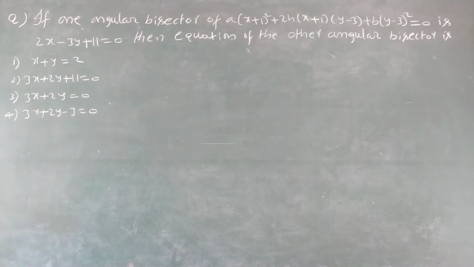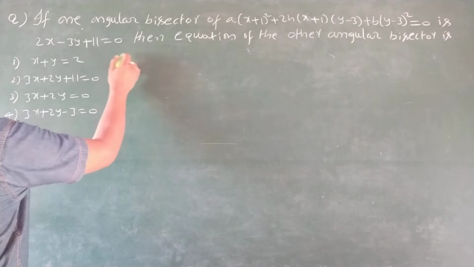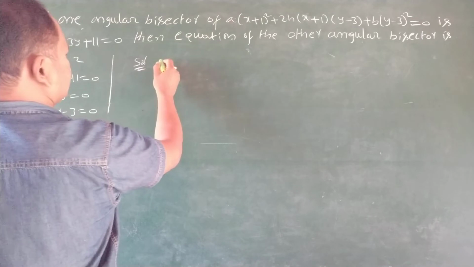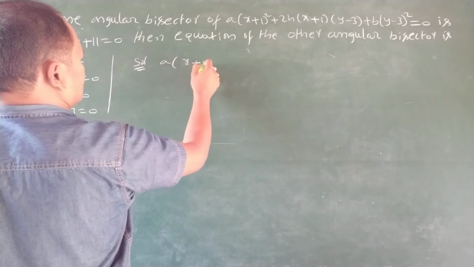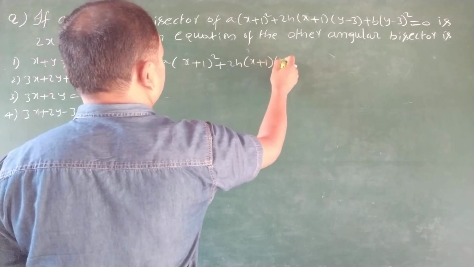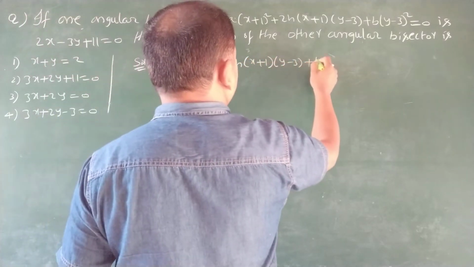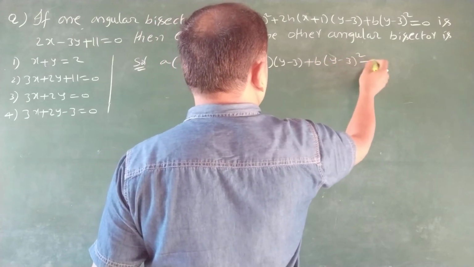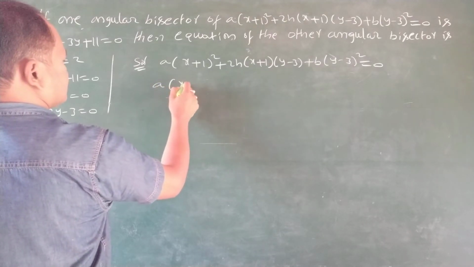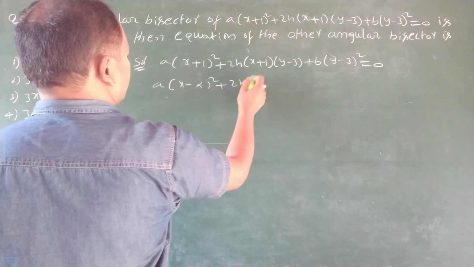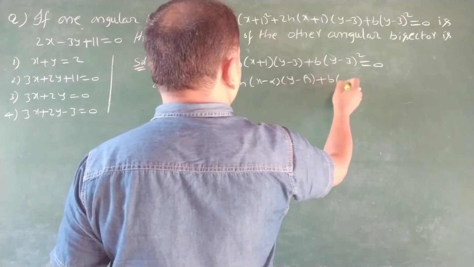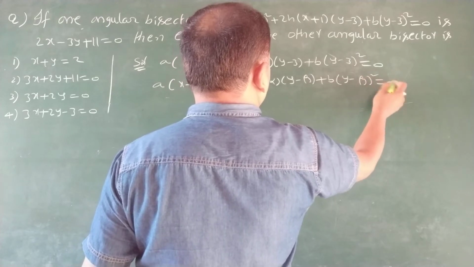Actually, the solution for this: the given pair of lines equation, a into x plus 1 whole square plus 2h into x plus 1 into y minus 3 plus b into y minus 3 whole square is equal to 0. This we compare with a into x minus alpha whole square plus 2h into x minus alpha into y minus beta plus b into y minus beta whole square is equal to 0.